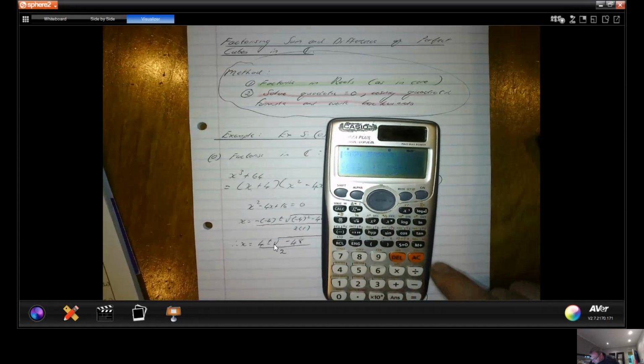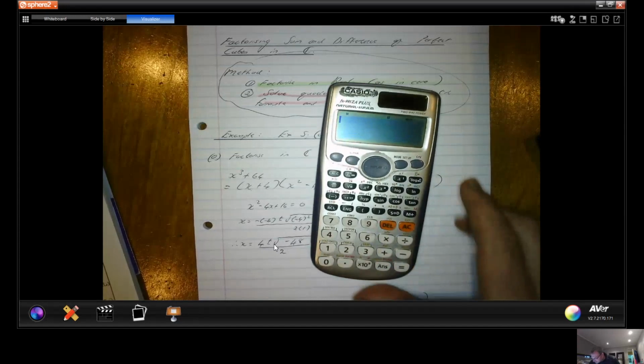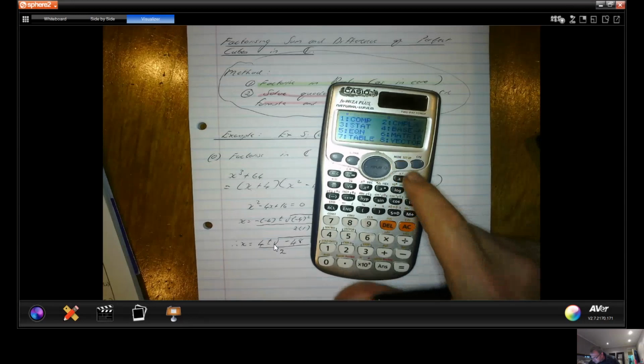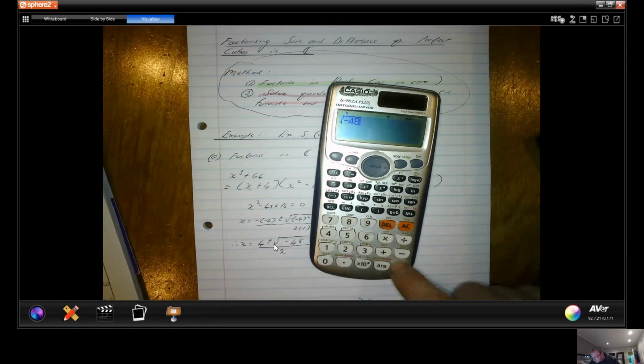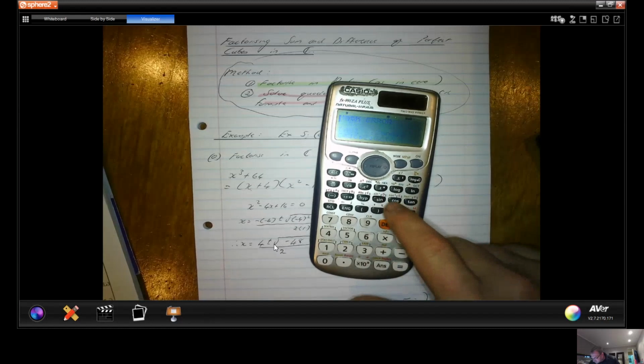I'm not in the complex number plane. There is a way I can change it into complex. You can go mode 1 complex and then go square root of negative 48 and it'll do it for you. I don't know what I'm doing wrong. Your calculator can do it in some way, but it's more fun to do it by hand.